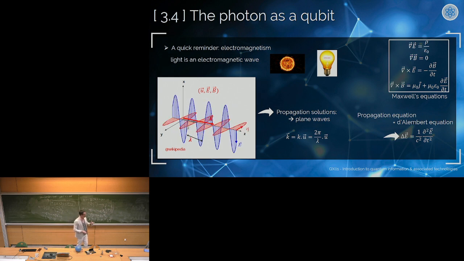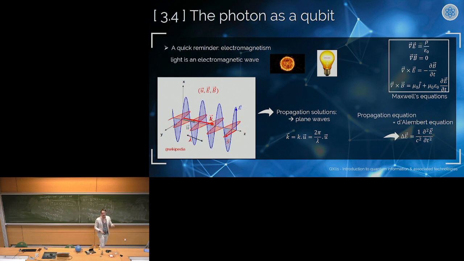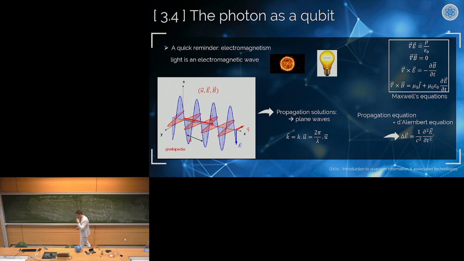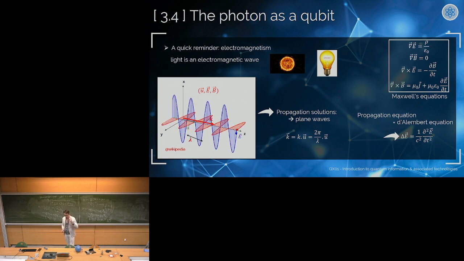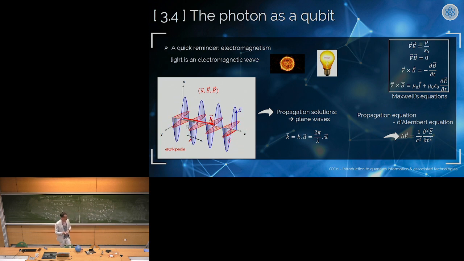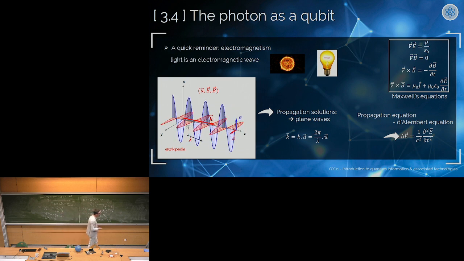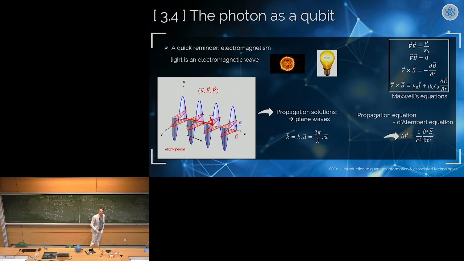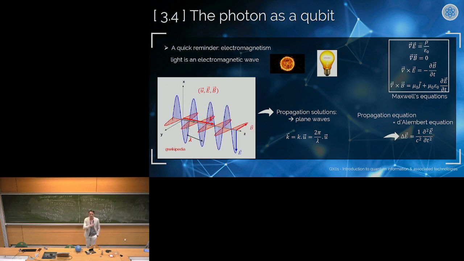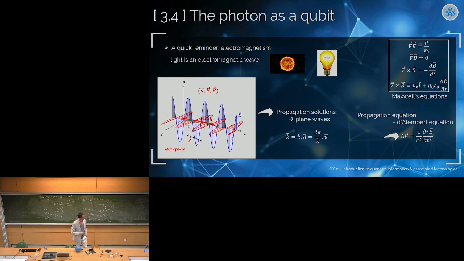At this stage, we can make a simple hypothesis, and we will assume that these waves can be seen as simple plane waves. I'll give you the explanation of what it looks like afterwards.